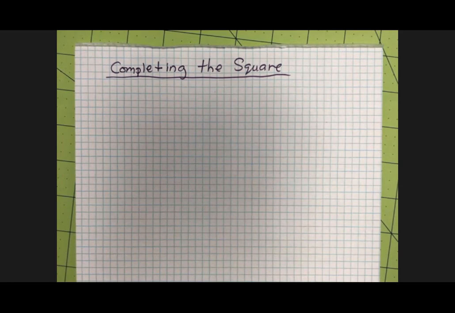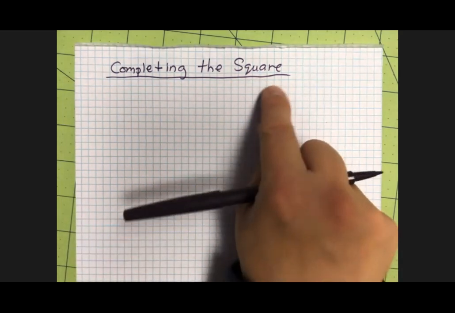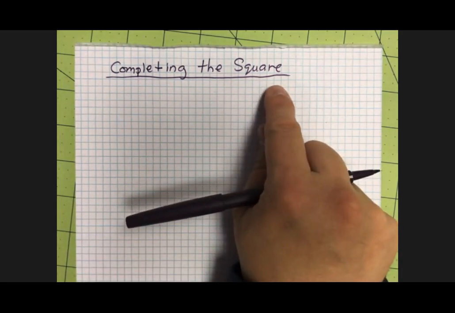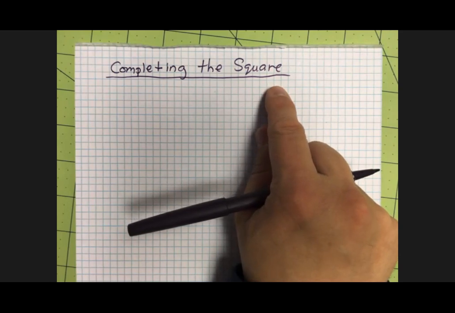Completing the square is a special way to prepare a quadratic formula so that you can use the square root method on it.